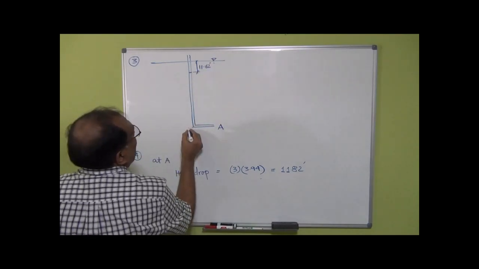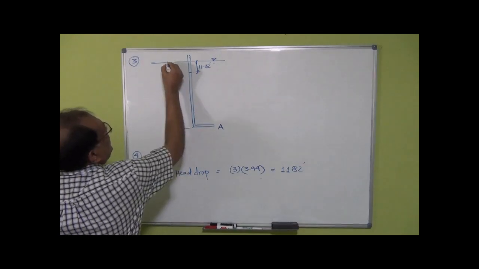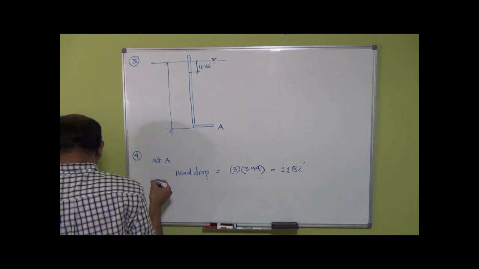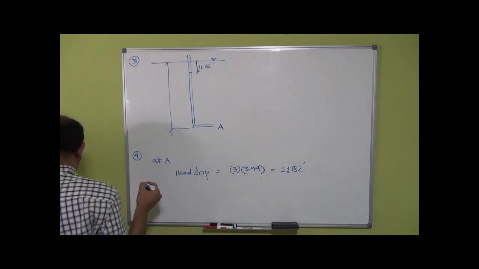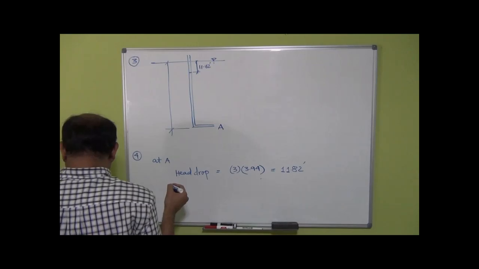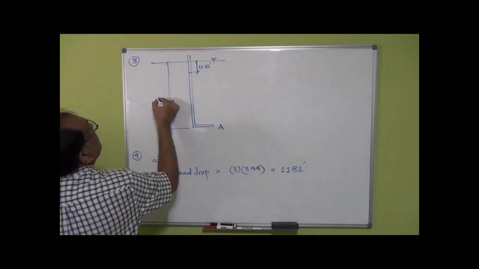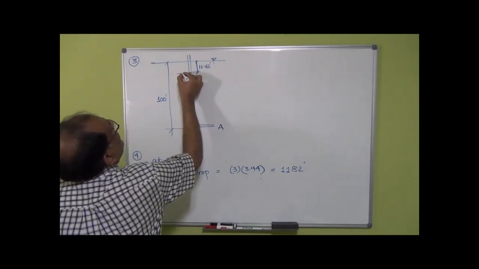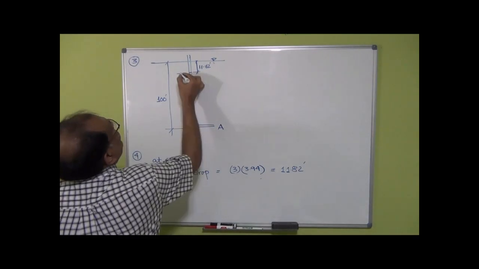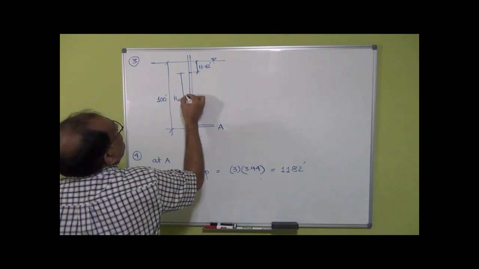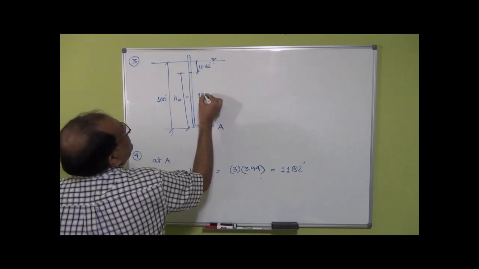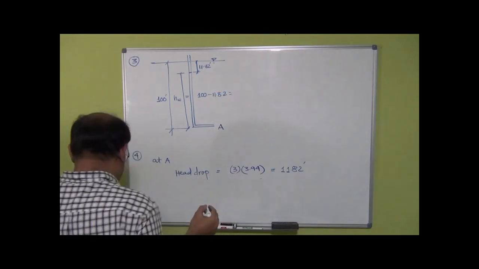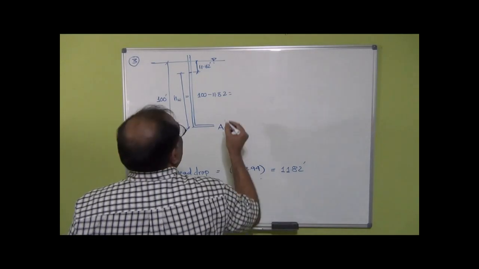Now you can see the distance from here to here is 260.3 minus 160.3, actually 100 feet. So the height of the water would be 100 minus 11.82, which is 88.18.